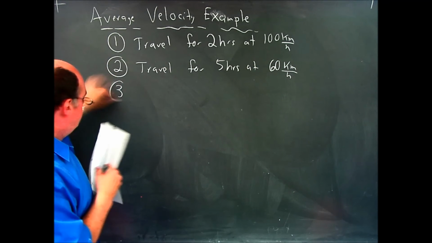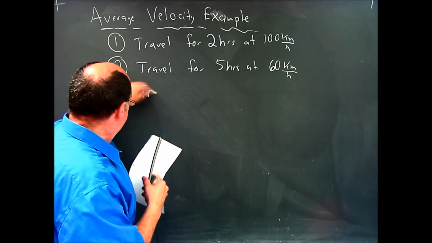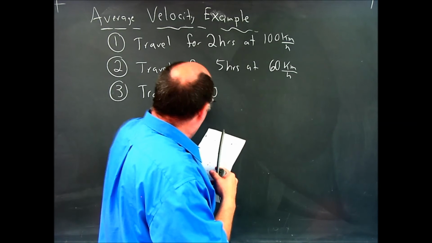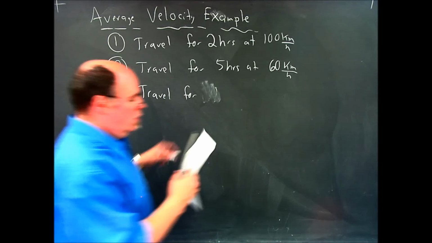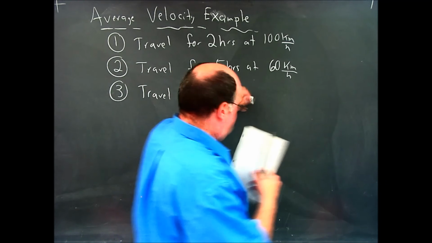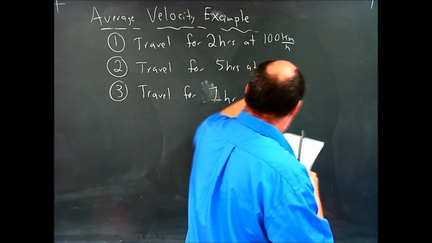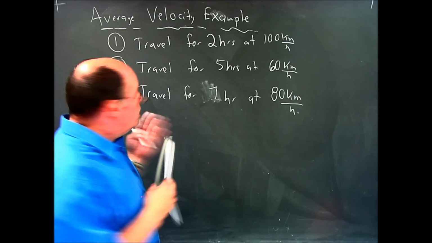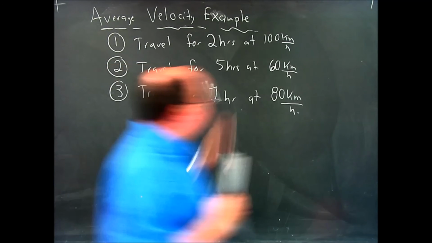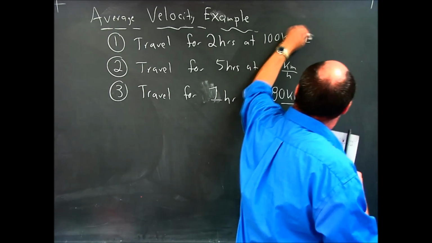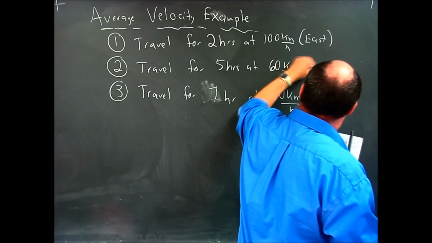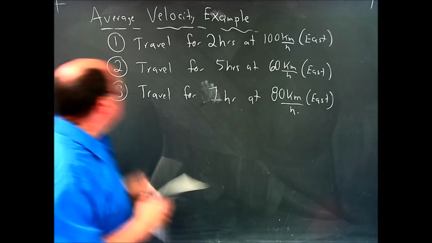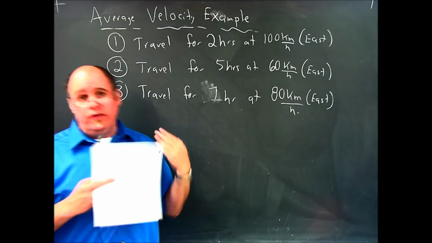And then for the third part of their journey, they're going to travel for 1 hour at 80 kilometers an hour. And every single one of these, they're traveling to the east. So they're constantly going to the east. The question would be, what's their average velocity for the entire time of the trip?